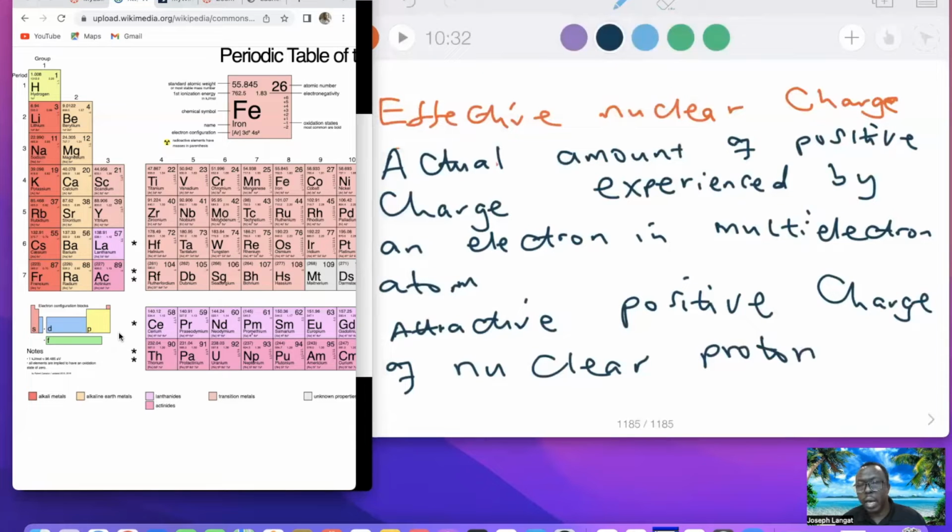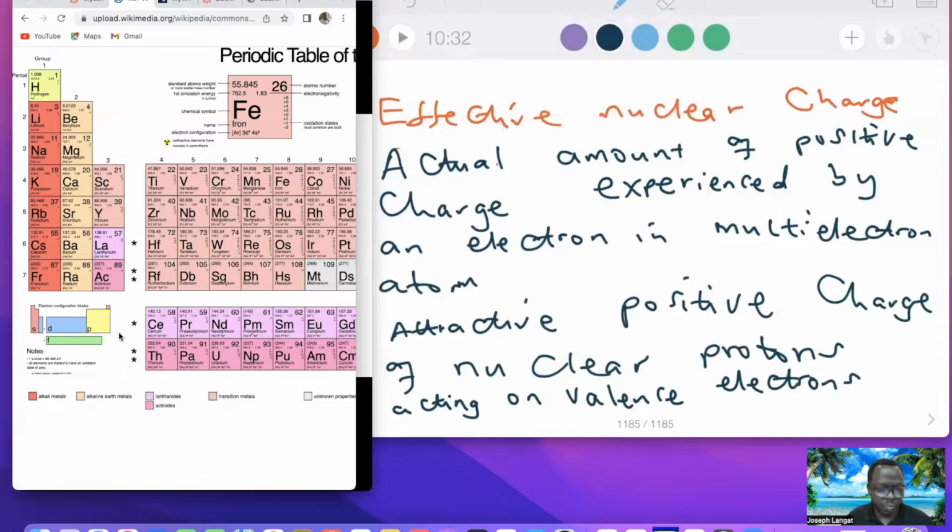You know, in the nucleus we have the protons acting on valence electrons.